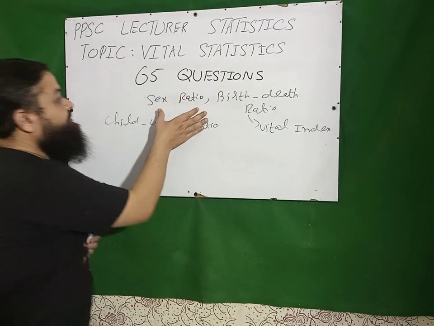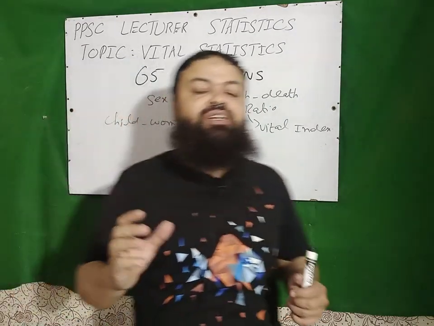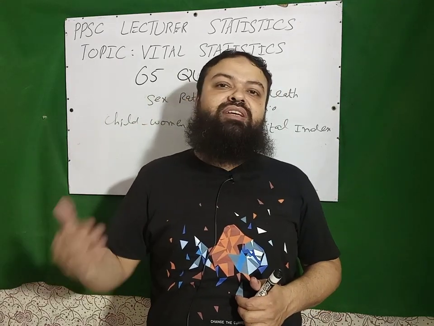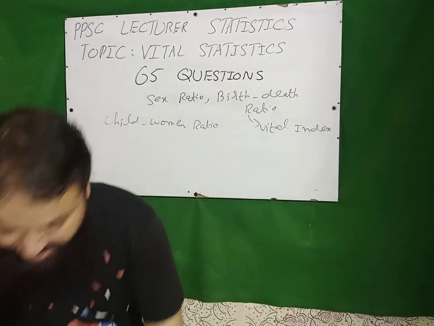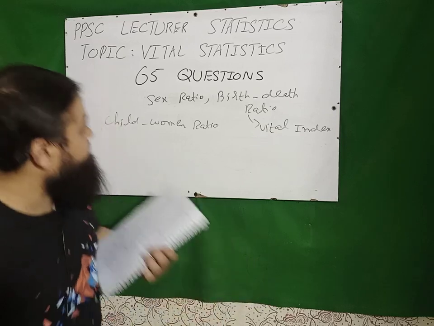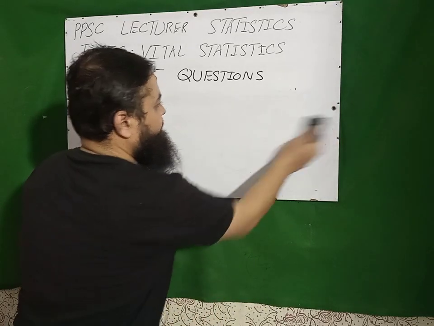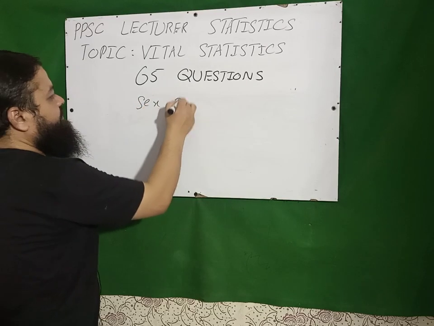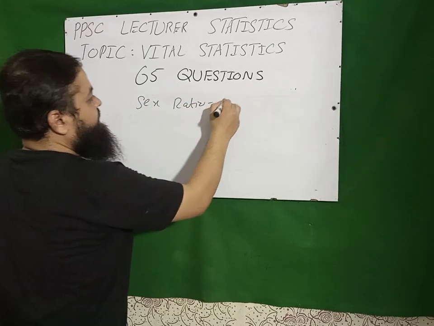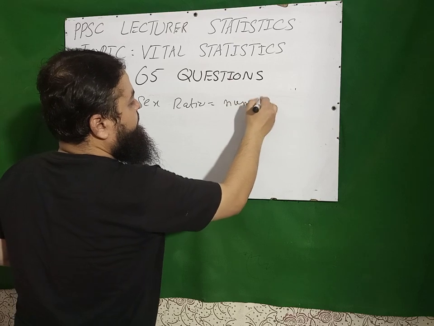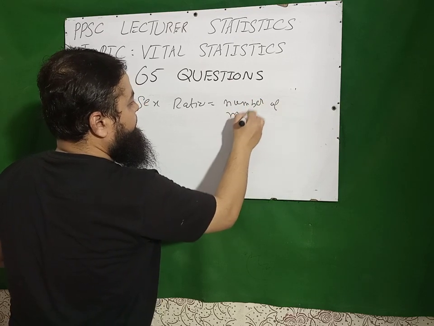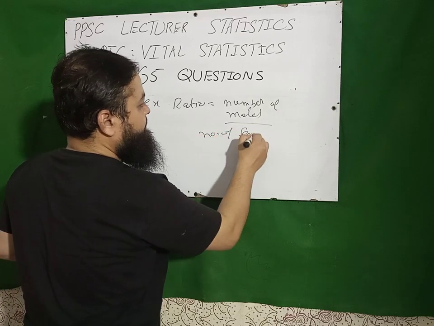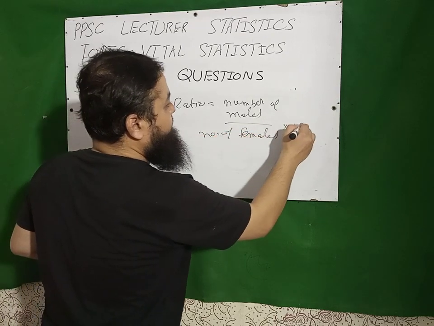Now I will tell you what is sex ratio. It is the ratio between the number of males and the number of females, and the formula for sex ratio is number of males over number of females, multiplied by 100.